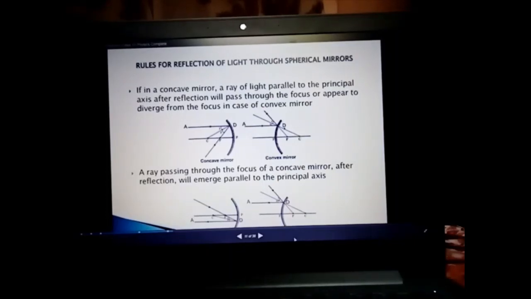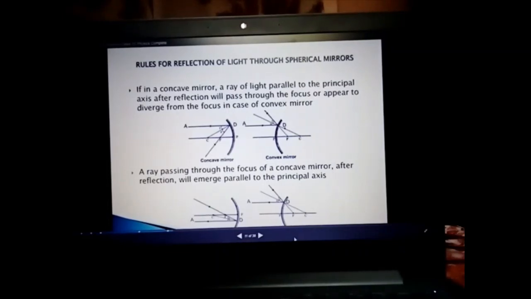Now the second point says that a ray of light which is passing through the focus of a concave mirror, after reflection will emerge parallel to the principal axis. This is just the converse of the first rule, which I have explained.